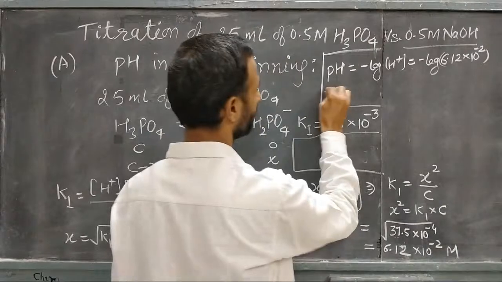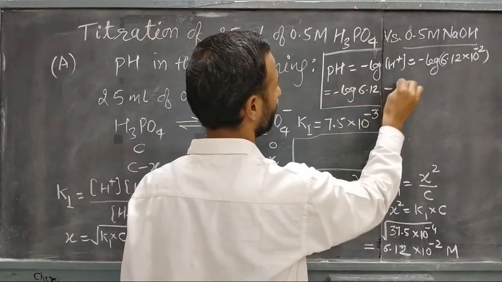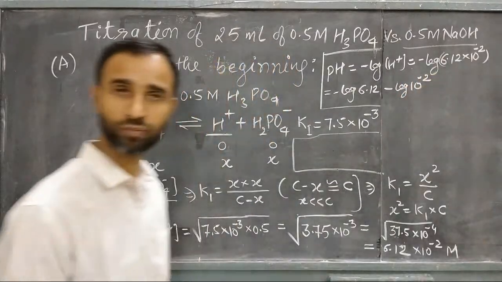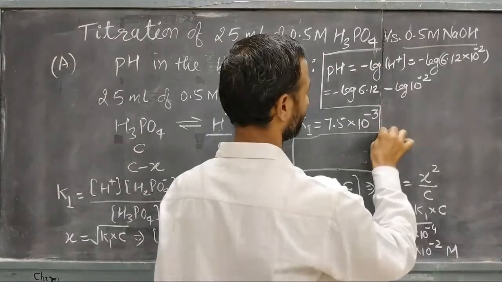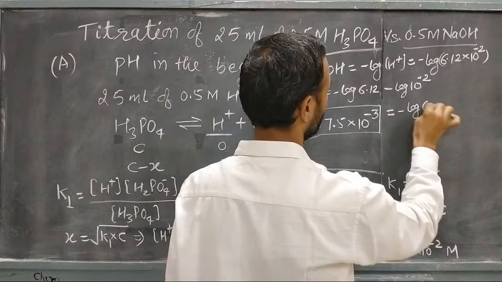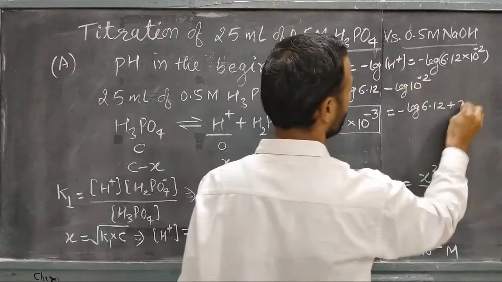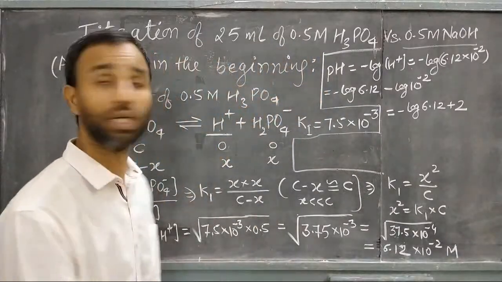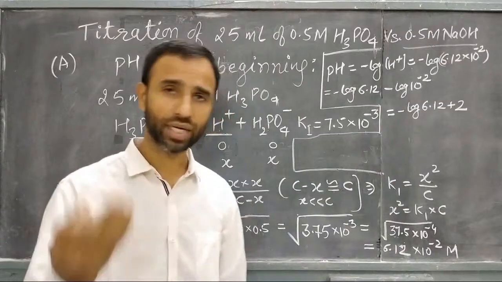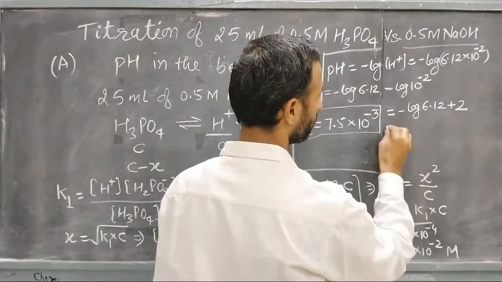So that is minus log of 6.12 plus 2 log 10. Log 10 is 1, so it is 2 minus log of 6.12.